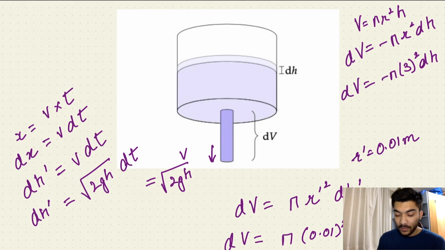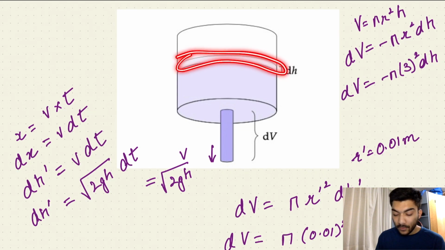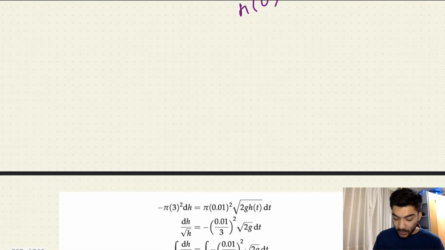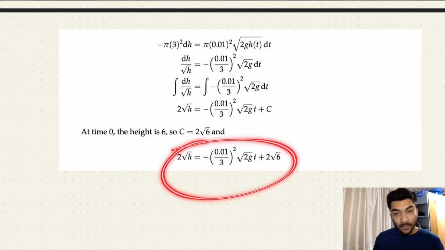In this question, we identified the pattern that the volume which was being decreased from the cylindrical vessel was the same volume of water which was coming out of the hole at the same time, right? So this was the basic fundamental concept that we used in order to first set up a differential equation and then solve for h as a function of time.